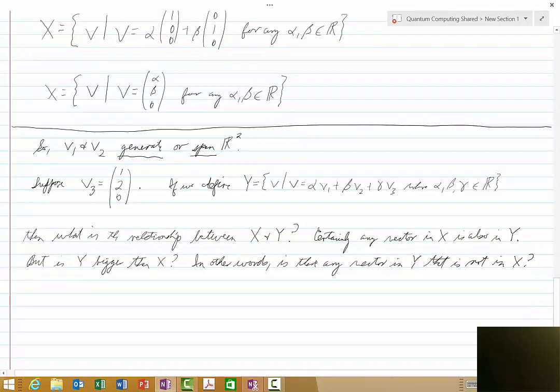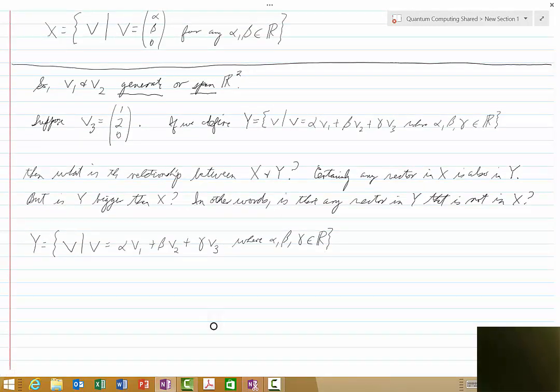So let me write it down again. y is equal to the set of all v such that v is equal to alpha v1 plus beta v2 plus gamma v3, where alpha, beta, and gamma are any real numbers.